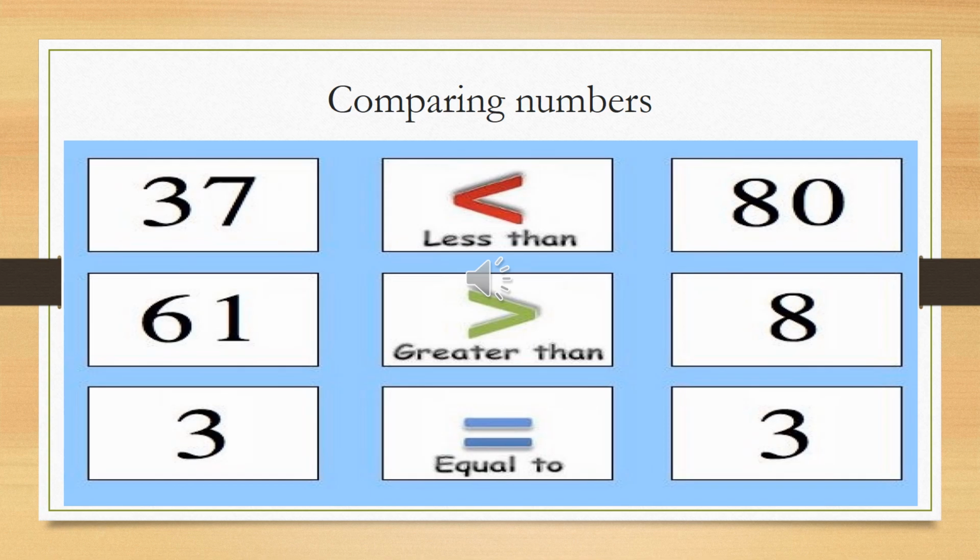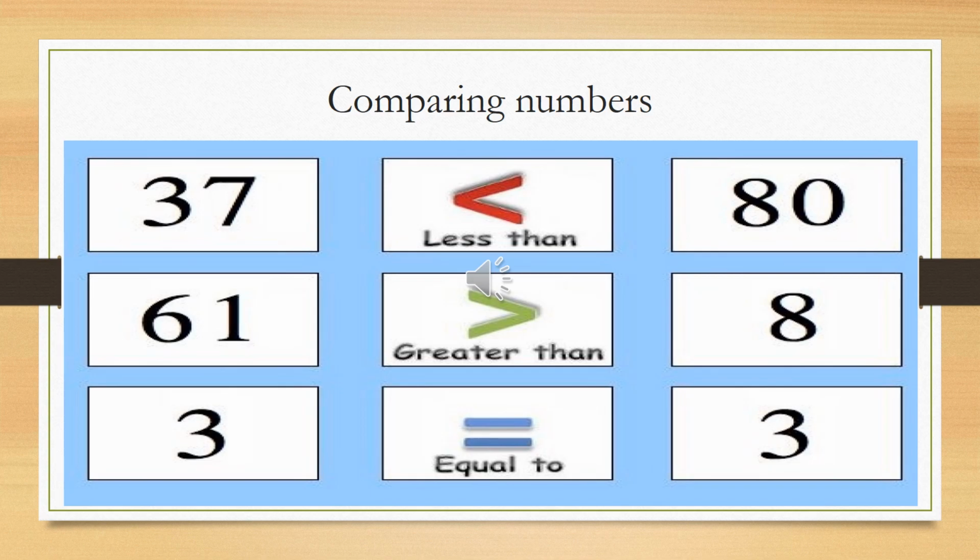Always remember one thing: the birdie opens its little mouth at the bigger number. If you see the first and second signs carefully, it looks like a little birdie has opened its mouth. So just remember this: the little birdie always opens its mouth towards the larger number.